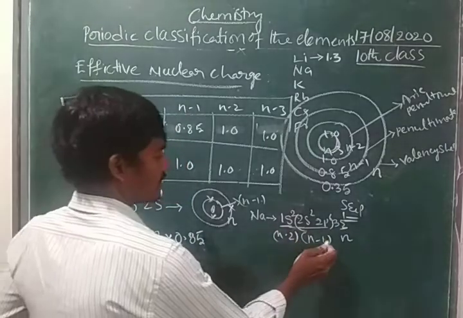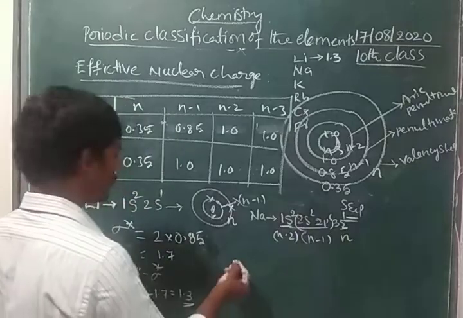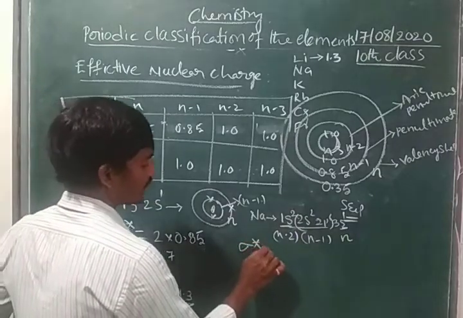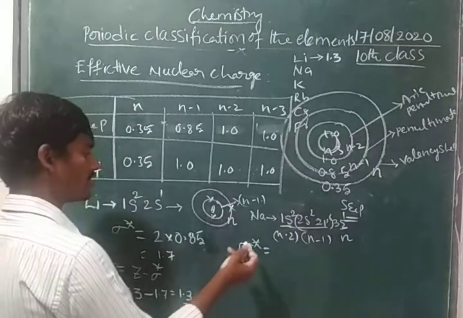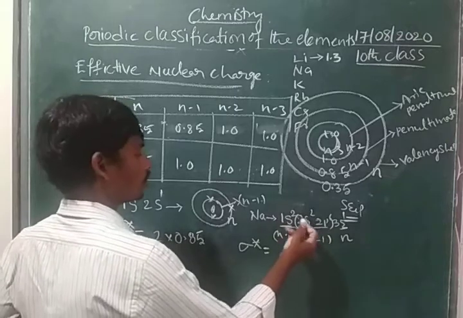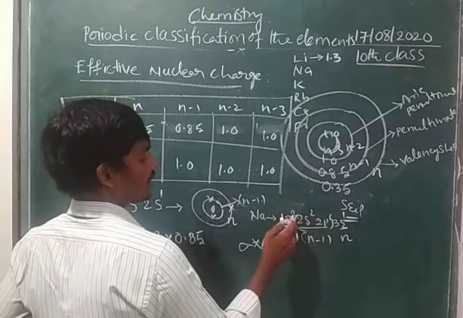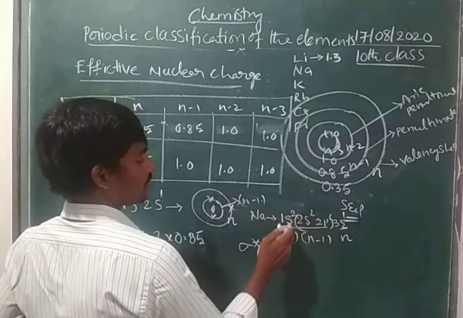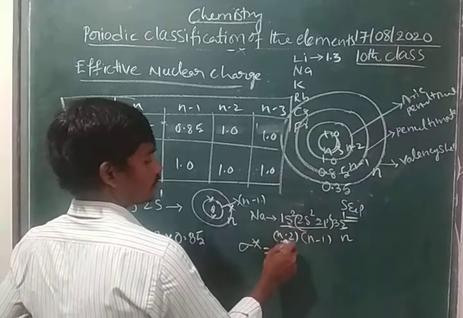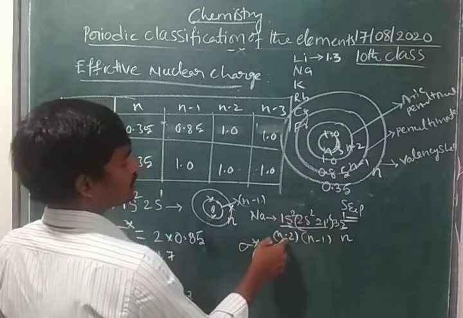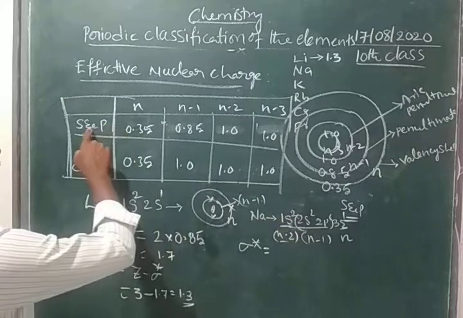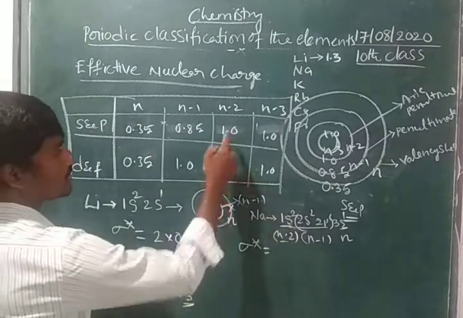See children, for sodium we have to find out sigma star. Sigma star equals the number of electrons. For n minus 1, 2s and 2p, there are 8 electrons. For n minus 2, the value for the 1s orbital is 1.0.